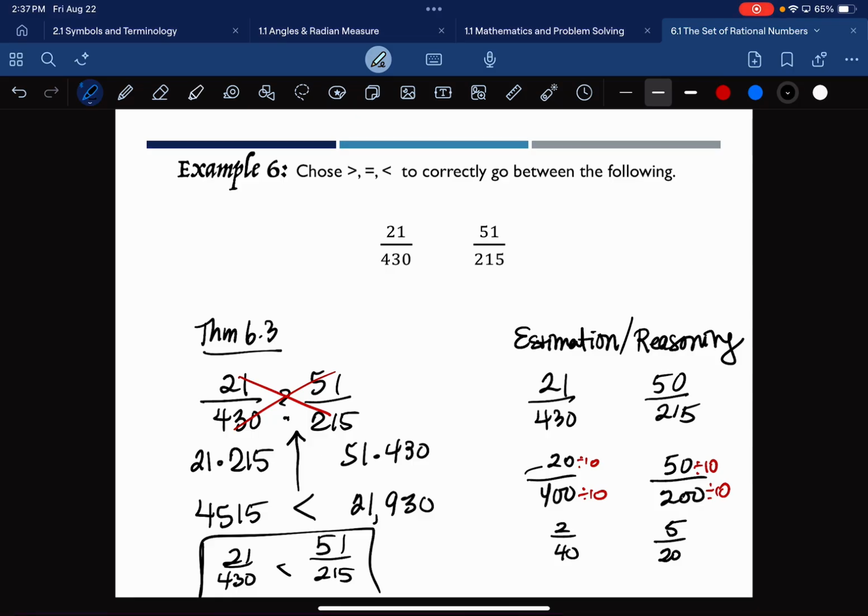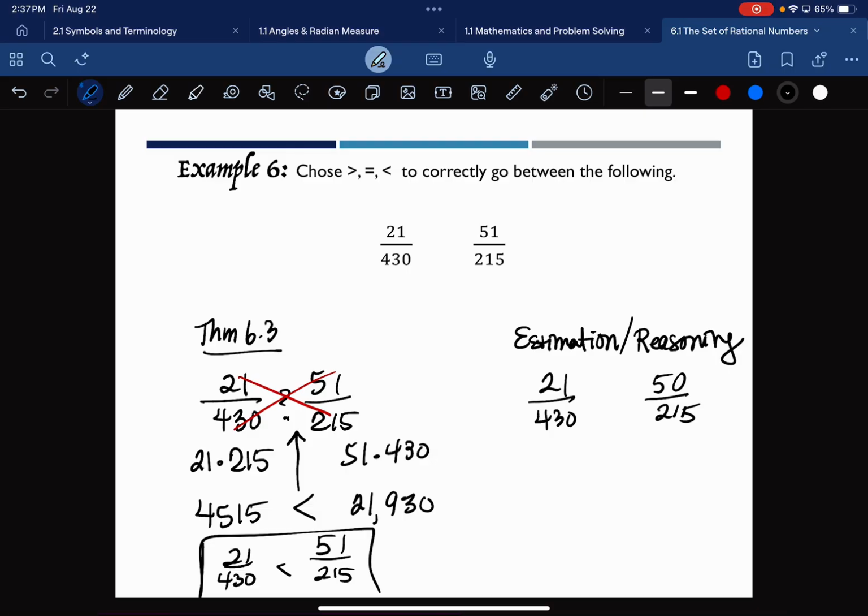Let me talk to you about reasoning though. If we reason our way through this one, it's very interesting, because take a look. The first fraction's numerator is smaller. Well, smaller numerators can mean smaller fractions. And the first fraction's denominator is bigger.